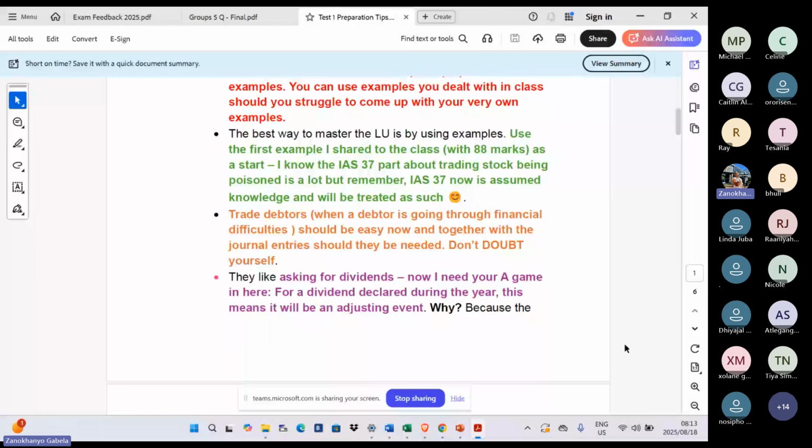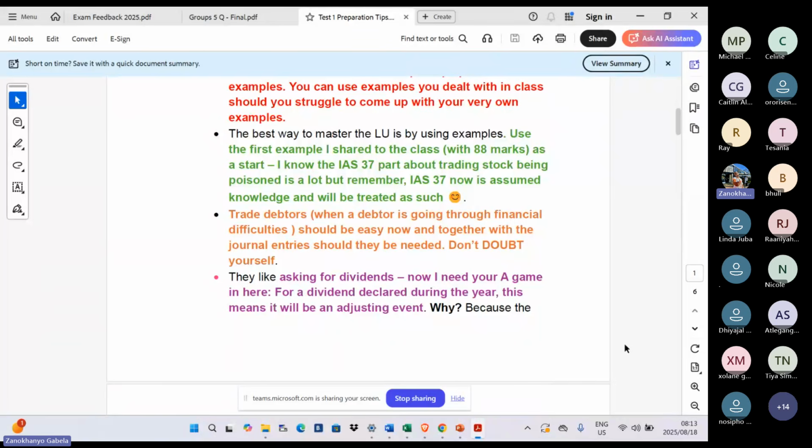That reminds us of a standard we've already done before, which is IAS 37, where it's asking us, is there a present obligation? So due to that constructive obligating event, meaning the word declare. When they say the word declare, that means there is a constructive obligating event. They don't have to tell you that they actually sent a communication to shareholders. The word declared itself is sufficient to conclude that there is a constructive obligating event.